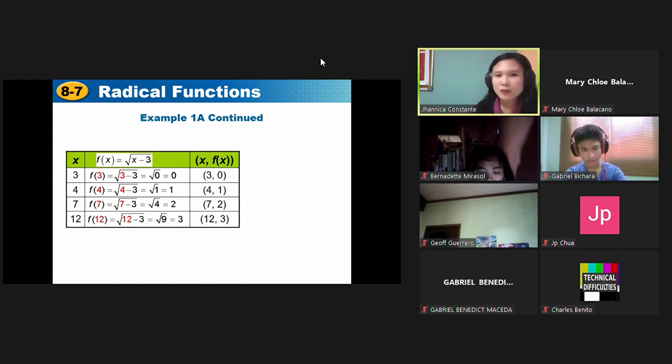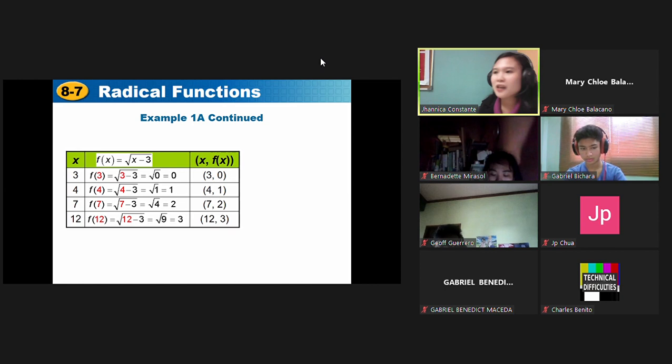For example, we have f of x equals the square root of x minus 3. Given that the value of x is equal to 3, substitute the given value of x, which is 3, in our radical function. So we have 3 minus 3. The square root of 0 is equal to 0. And we have the coordinate of our radical function, which is (3, 0).